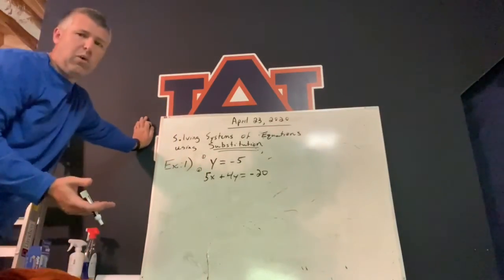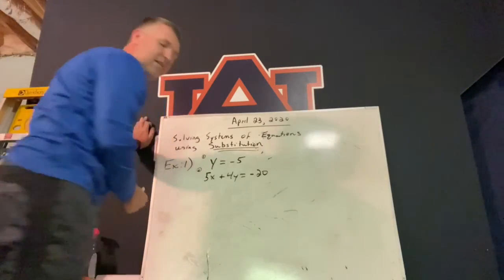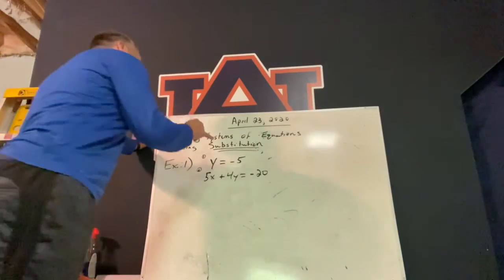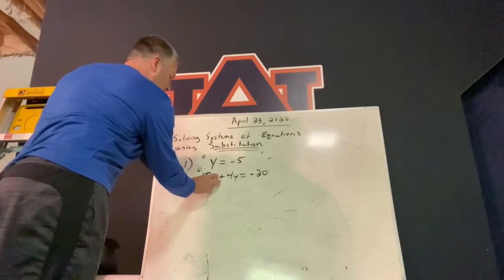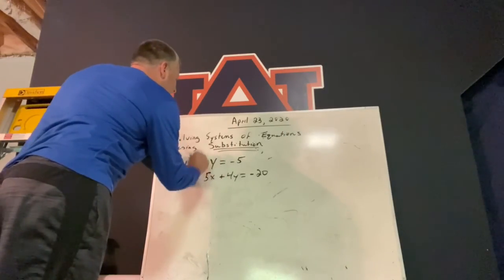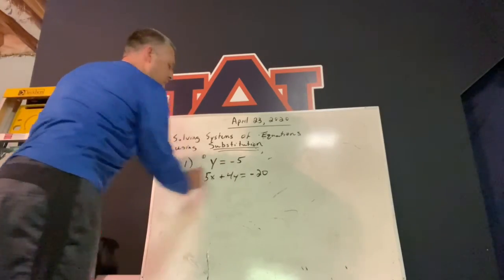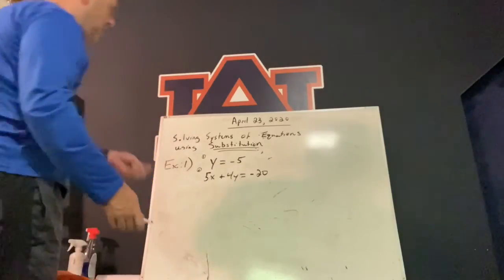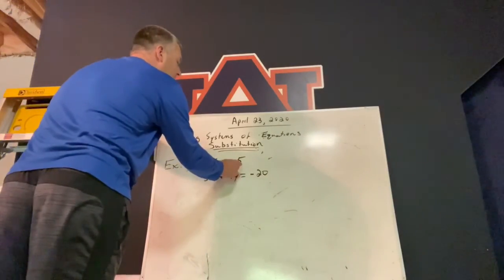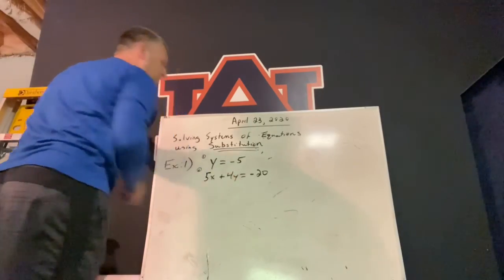For the first equation, I already know what y is. y is equal to -5. So I'm going to sub in from the first equation to the second equation. Replace the y in the second equation with -5. Take what you know and plug it into what you don't know. I know y is equal to -5, so I'm going to replace the y in the second equation with -5.